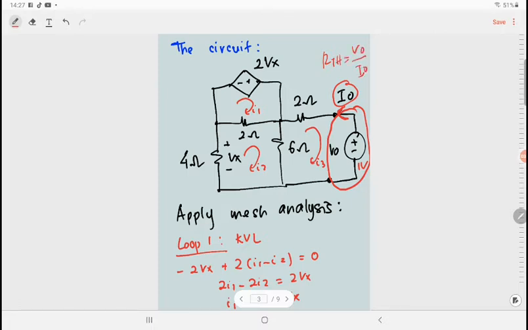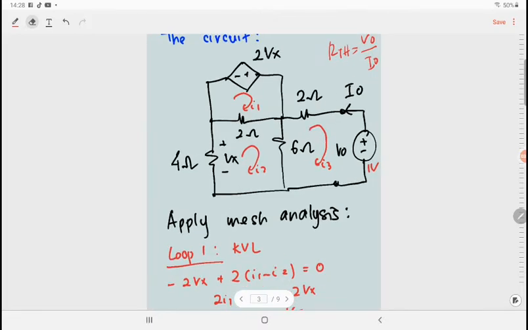From this circuit I choose to use mesh analysis. In order to find the value of I0, I0 is actually equal to I3, but because of the different direction, by knowing the value of I3, you can get the value of I0.